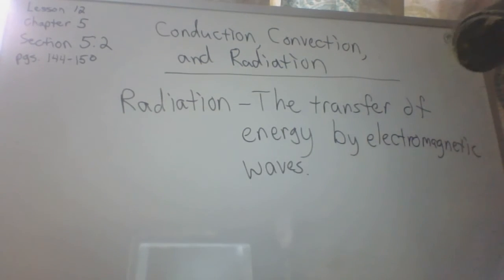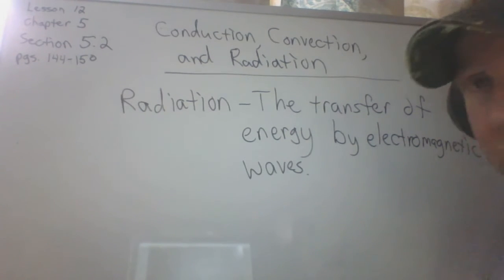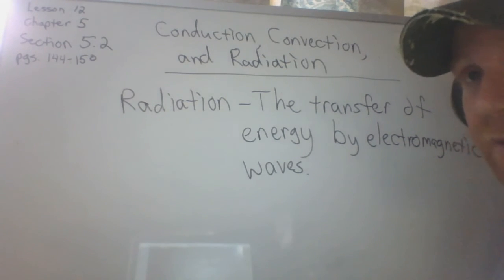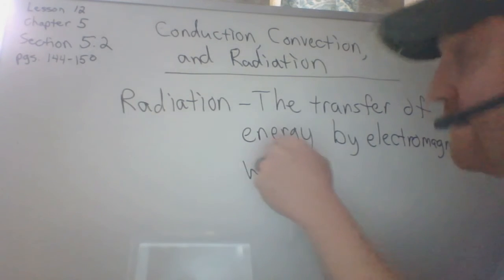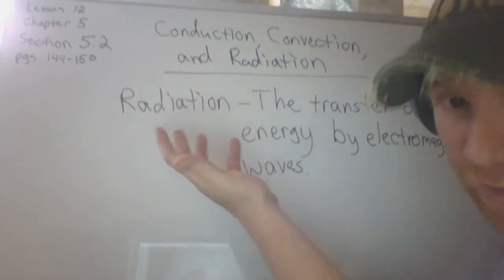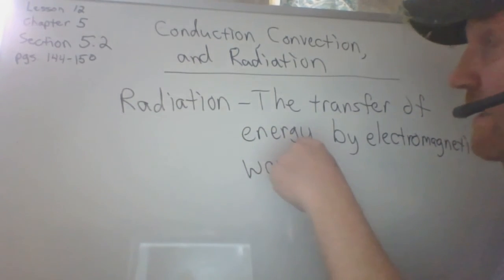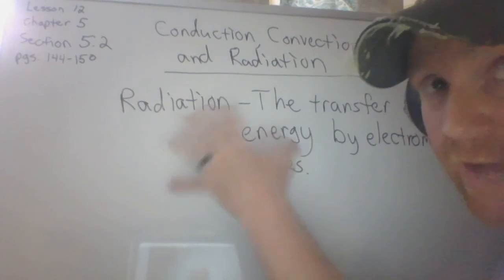Invisible waves, well, mostly invisible. Things like microwaves, ultraviolet rays, X-rays. Humans can see some form of electromagnetic waves, and we call that light. But most of the time, they're invisible waves that travel. They can travel through nothing.